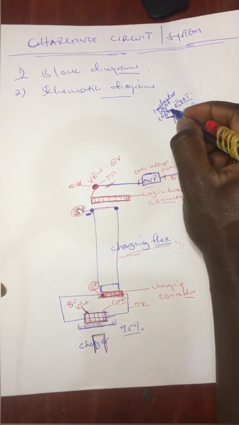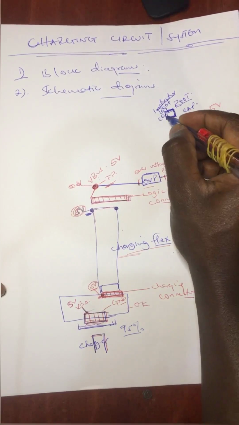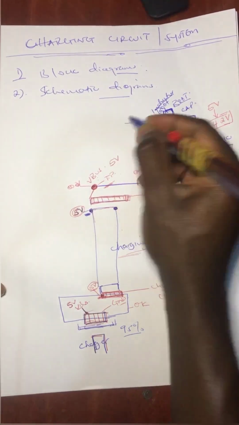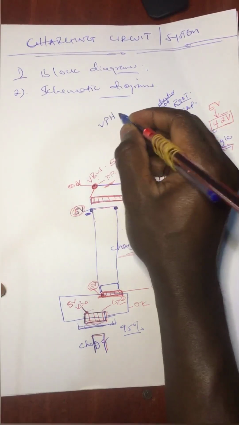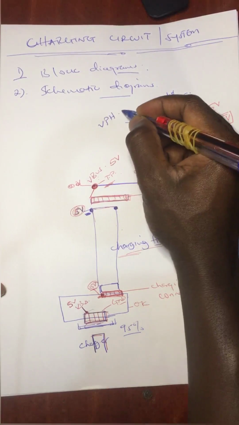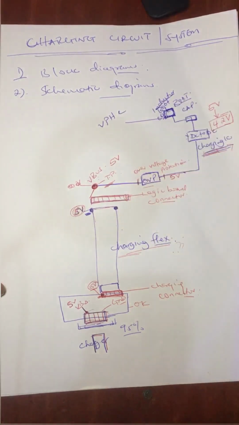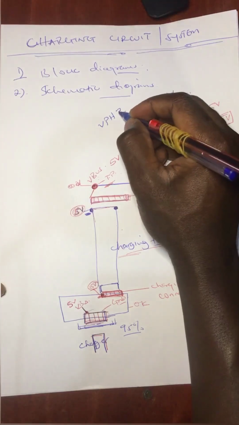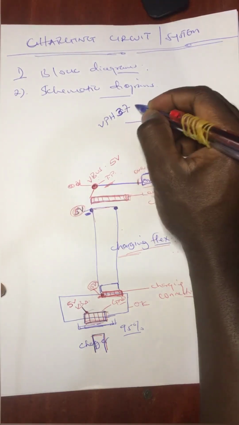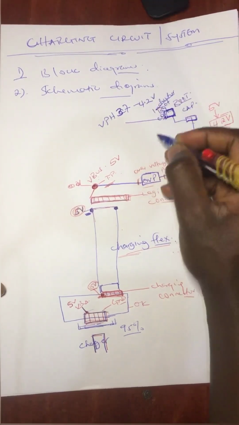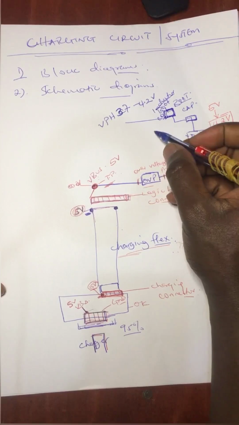So from a boot coil, VPH is going to be formed. So from this coil, you form VPH, which is already 3.7 to 4.2 volts. You get?